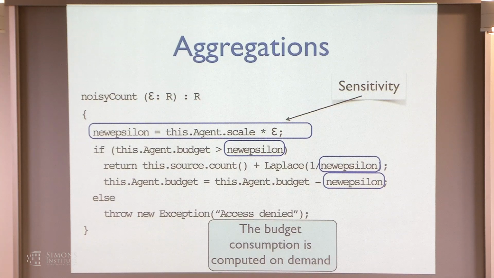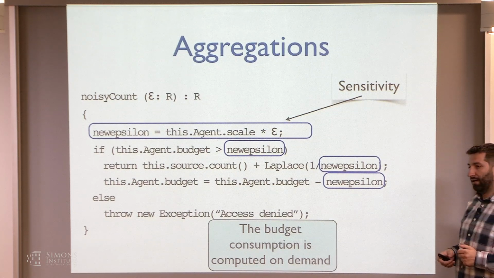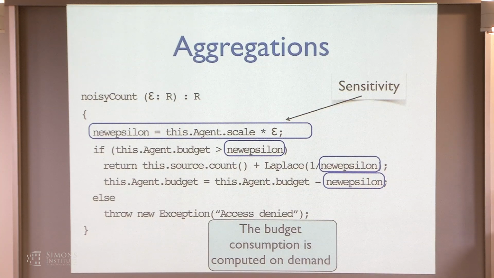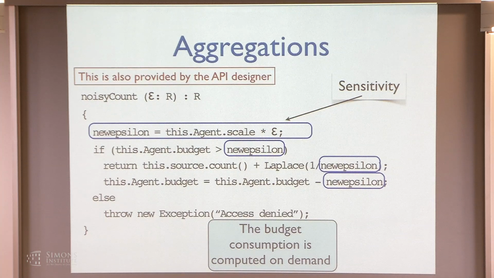It's just that this is baked into the API, and if we use it, we don't have to look into this. We don't have to do this manually. Again, this is provided by the API designer.